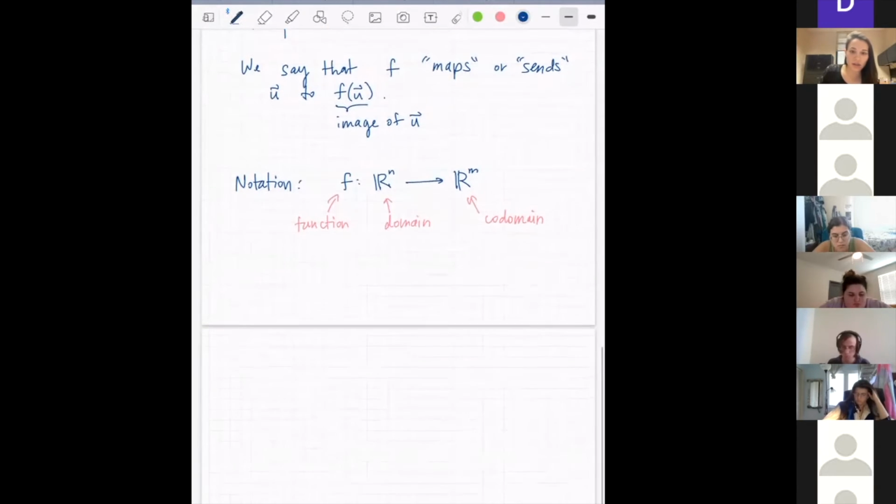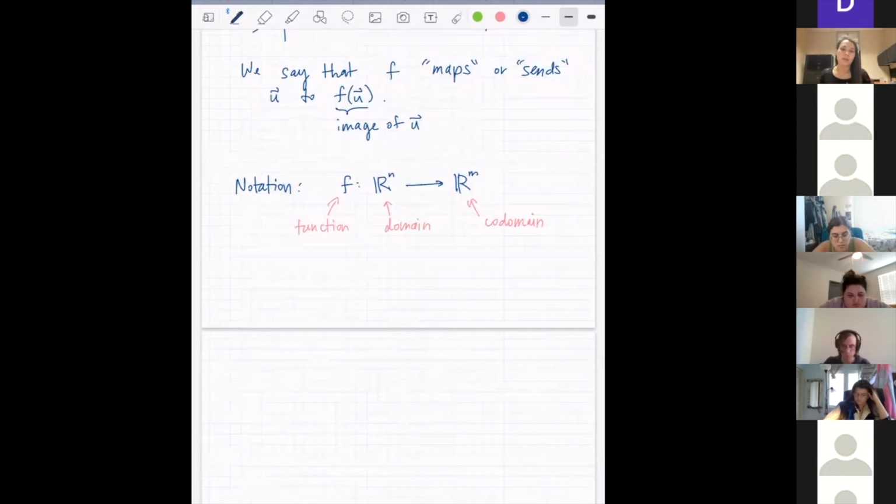And now let's finally define what it means to be a linear transformation. A mapping or transformation T, so we usually use T for a linear transformation, T standing for transformation.